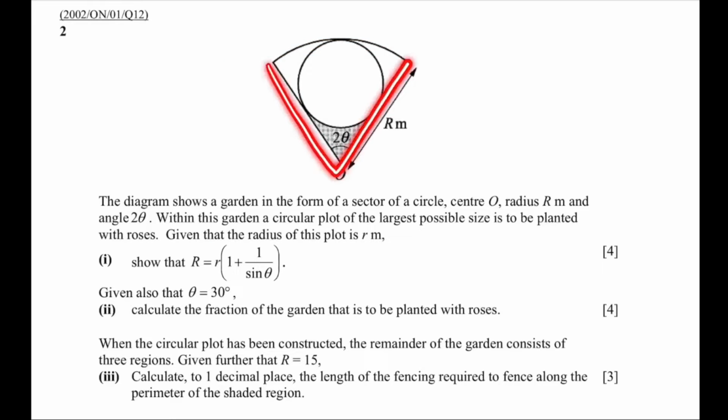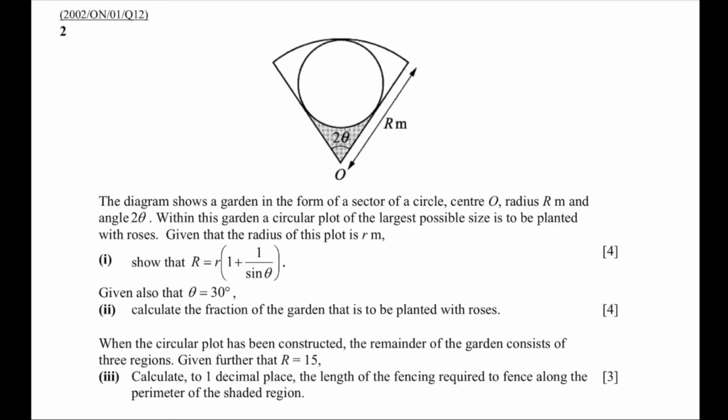So in this sector, with the center O, there's another circle within the sector. This is the part where we plant the roses.